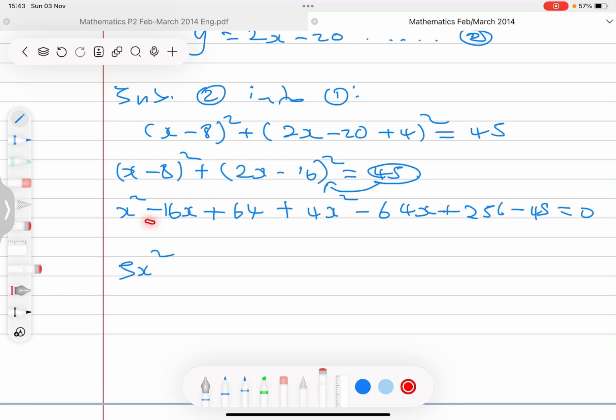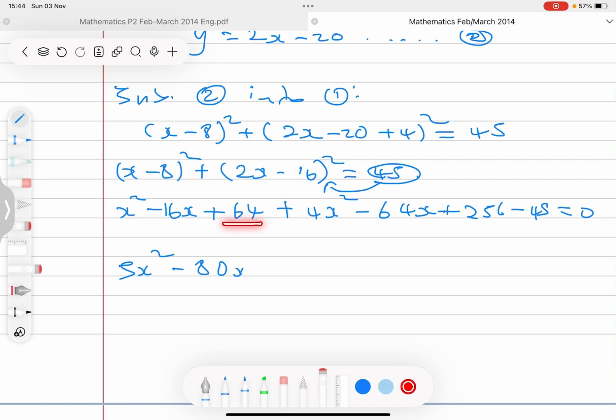And then the next thing that I'm going to do is negative 16, negative 46. That should give you, I see a 0 here, 780, that's negative 80x. Then we now have the numbers.